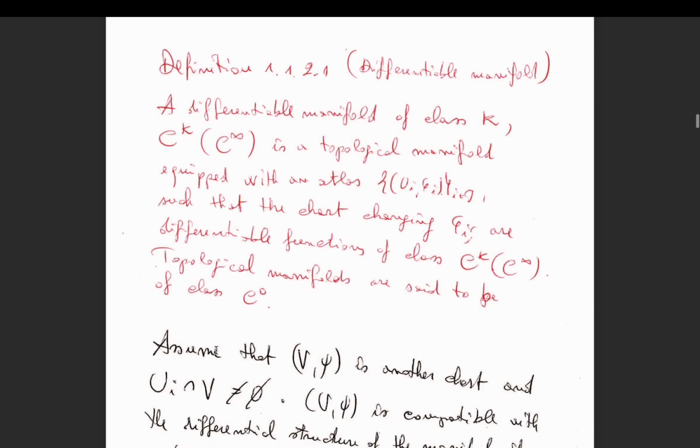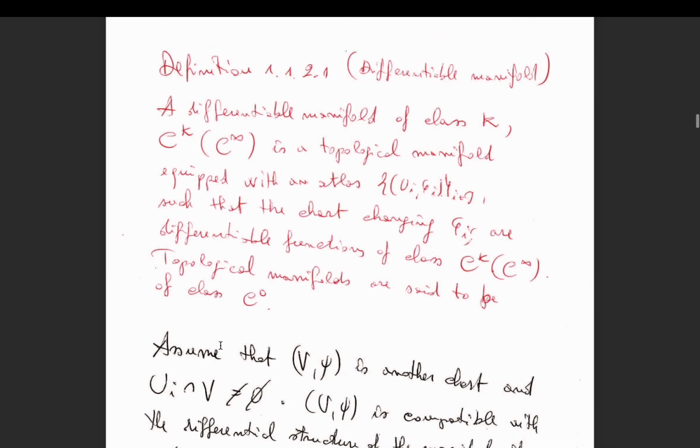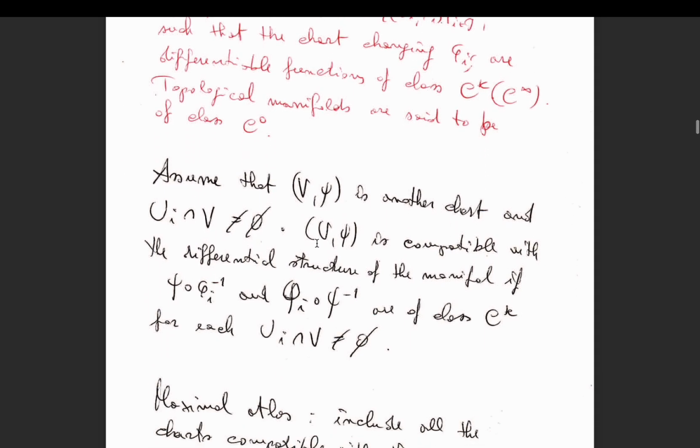Now, if we have got an atlas, consider another chart (V, psi). Assume that V intersects some U_i.